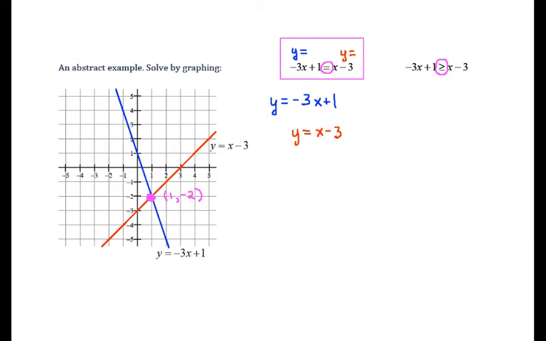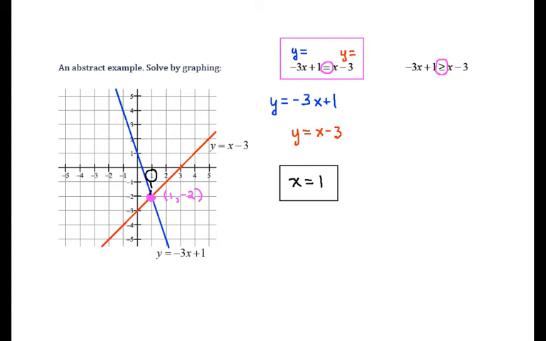We introduced a y variable in order to solve it graphically, but y really doesn't exist in the original equation, and therefore it doesn't exist in the original question, and we would give our answer only as the x coordinate of that intersection point. So we can see that these intersect at x equals 1, and I'm going to give x equals 1 as my answer, not the ordered pair (1, -2).